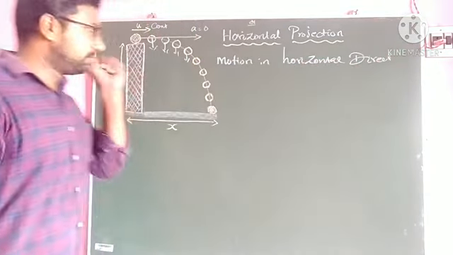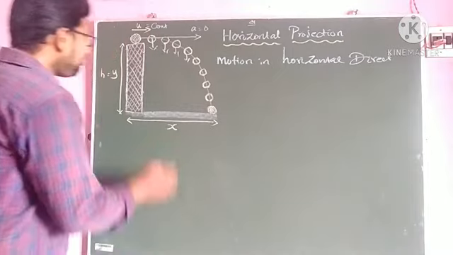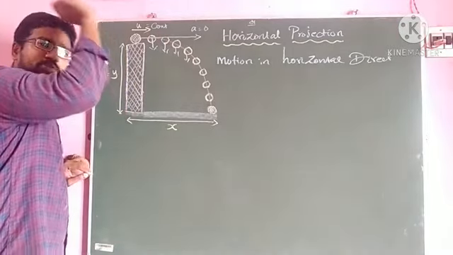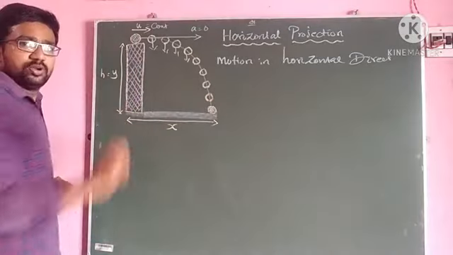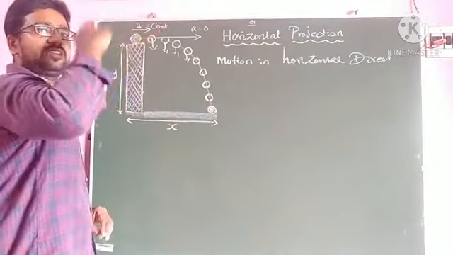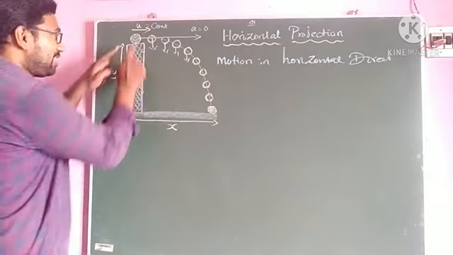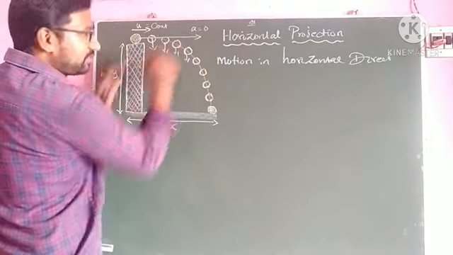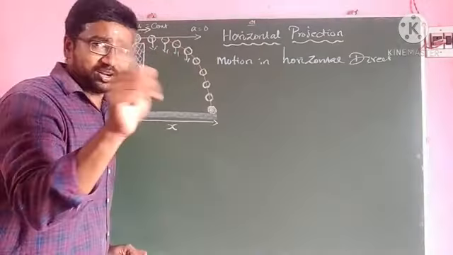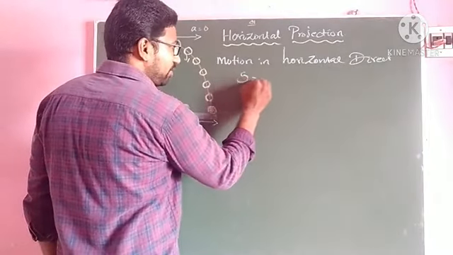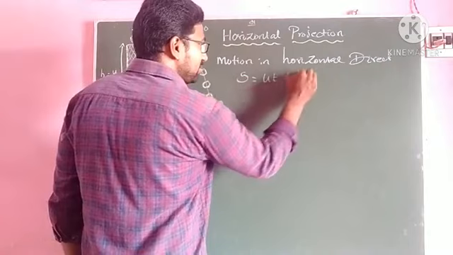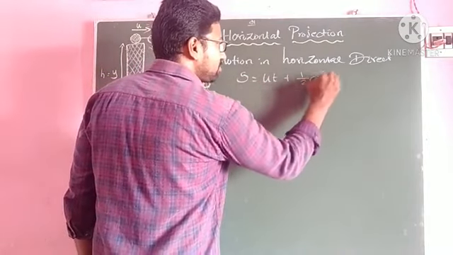Horizontal direction. Now I am going to push some object with some initial velocity u along the x-axis, that is, the horizontal direction. So there is a certain displacement in the horizontal direction. What is the displacement according to the kinematic equation? Yes sir, we know very well: s is equal to ut plus half at squared.